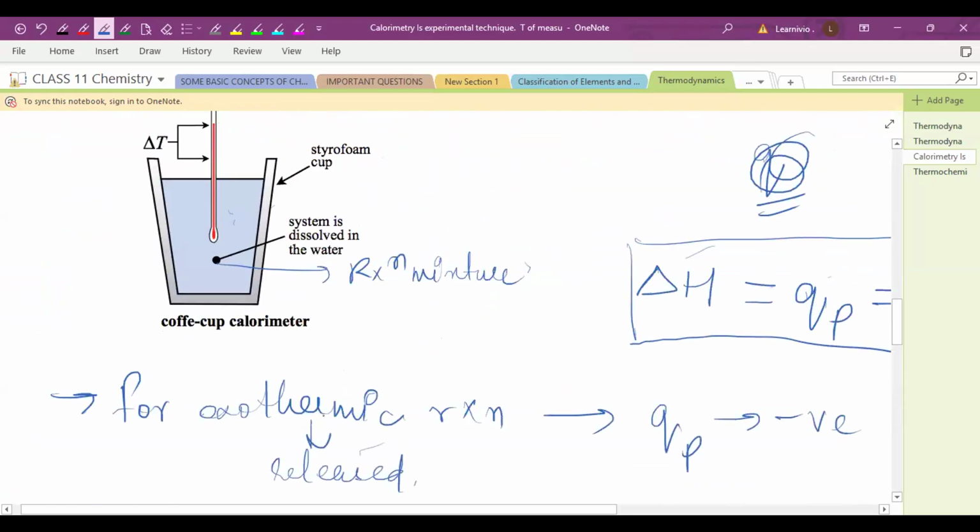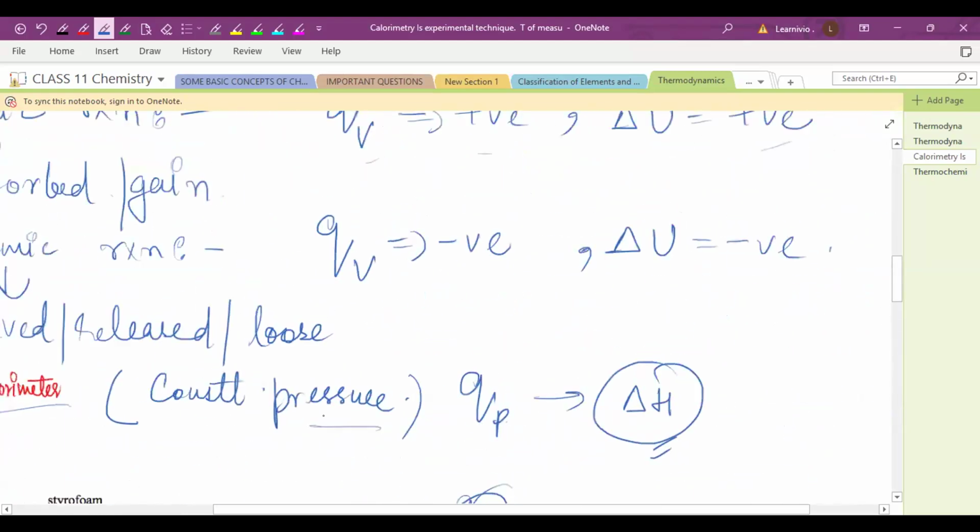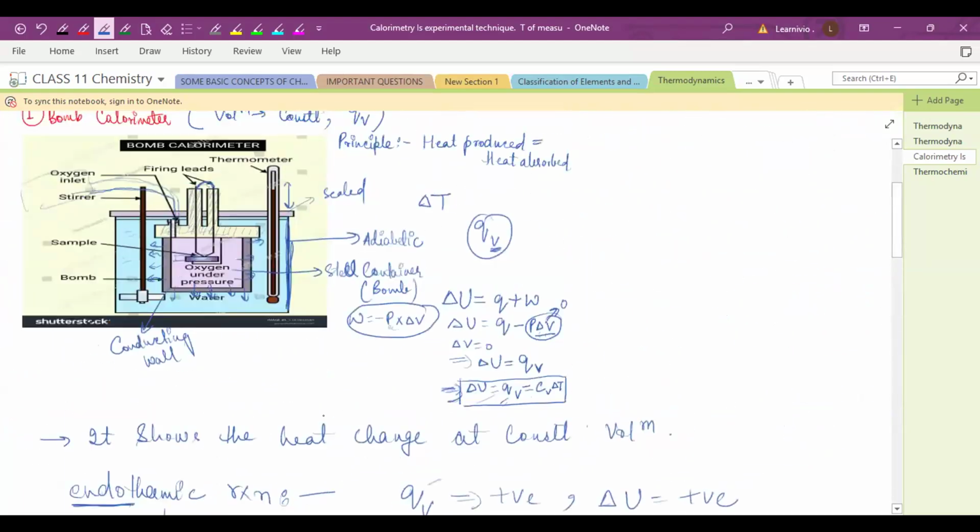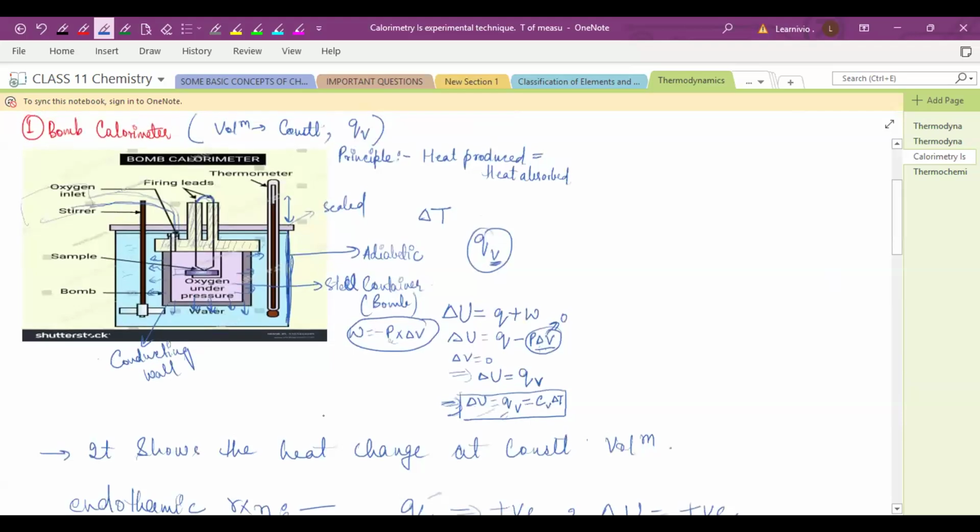See the principle I said in the starting: the principle of bomb calorimetry is that heat produced is equal to heat absorbed. So the heat produced by this reaction is always equal to the heat absorbed by this calorimeter.